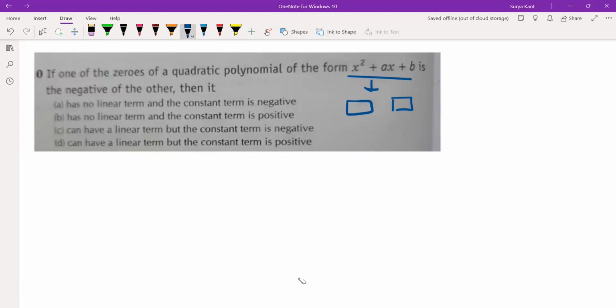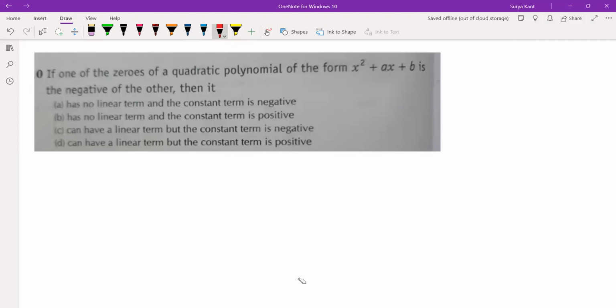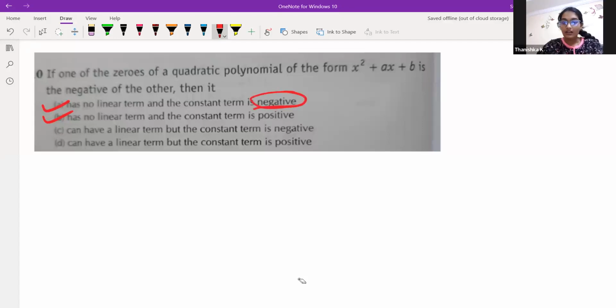This is one of the zeros of quadratic. Sir, I'm saying that there will be a quadratic variable and there will be a constant, but there will be no linear term, like ax won't exist. Either A or B you are saying, right? Yes, sir. So constant term is positive or negative, you have doubt, right? Yes, sir.